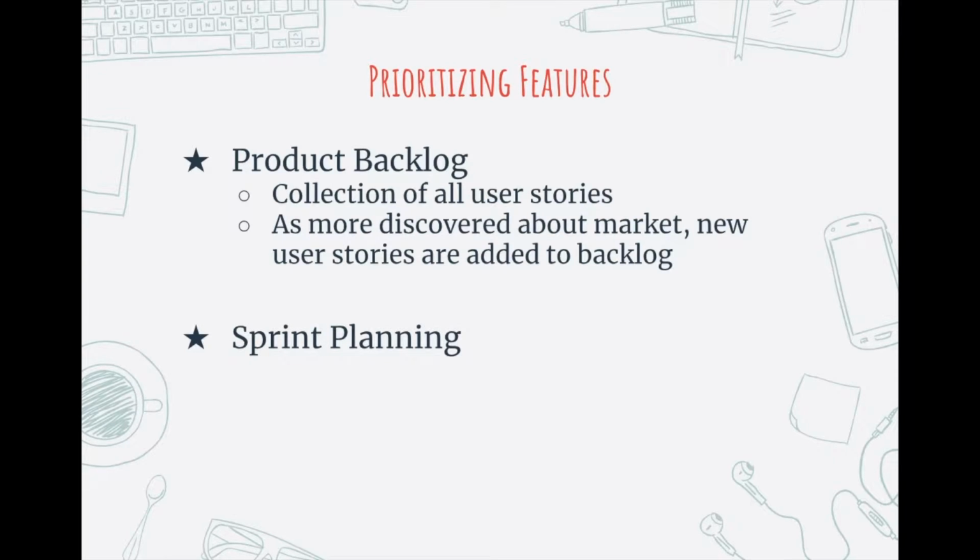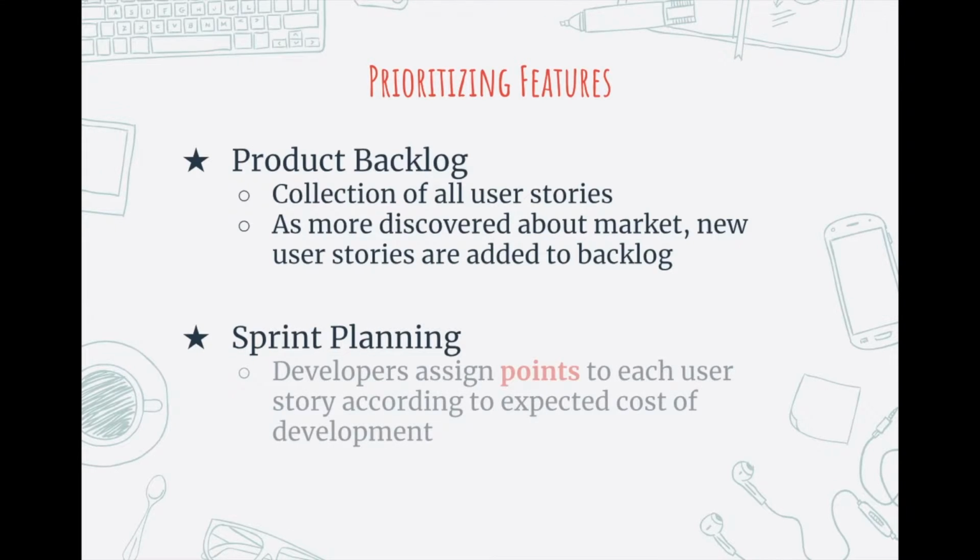This product backlog takes a central role in planning how you're going to accomplish a sprint. Within those 2 weeks of a sprint, at the very beginning, you need to plan out what you're going to do. Developers go through the different user stories and assign points to them according to the proportional cost of developing that particular user story.